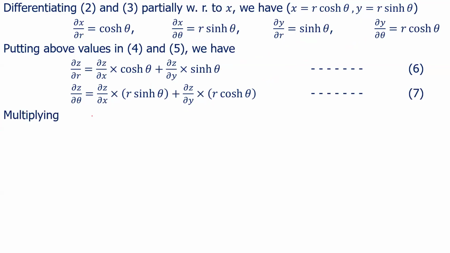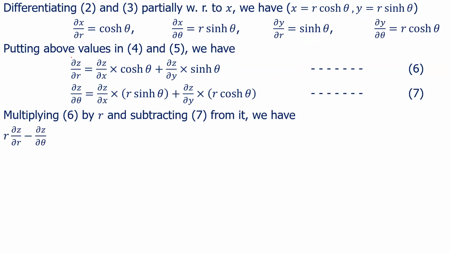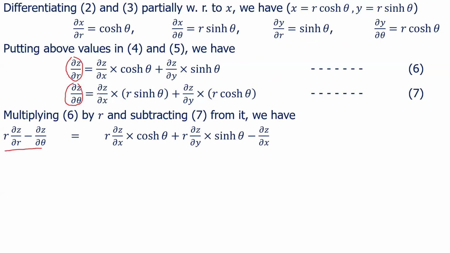Now, according to the question, we have to multiply equation number 6 by r and subtract equation number 7 from it. We have r del z del r minus del z del theta on the left hand side. What about the right hand side?